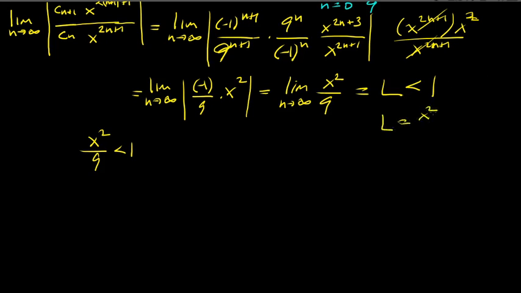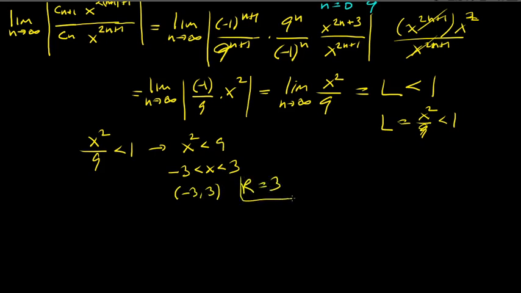And we want the limit to be less than 1, which means we want x squared to be less than 9, which means we want x to be between negative 3 and 3. Remember, x could be negative. So that's our interval of convergence, from negative 3 to 3. And since we're centered at 0, the radius of convergence is 3.